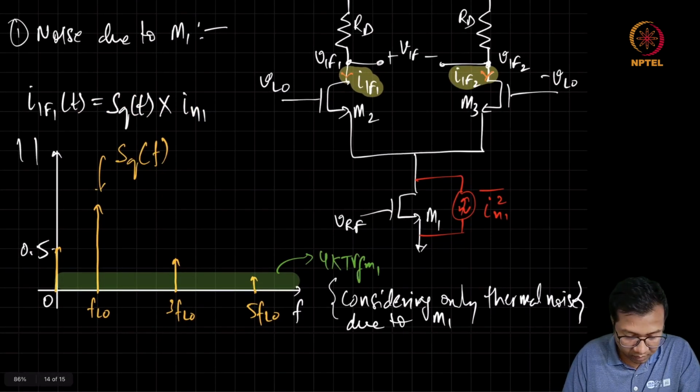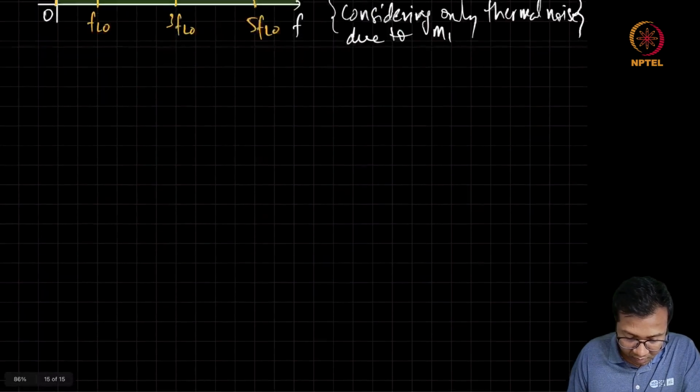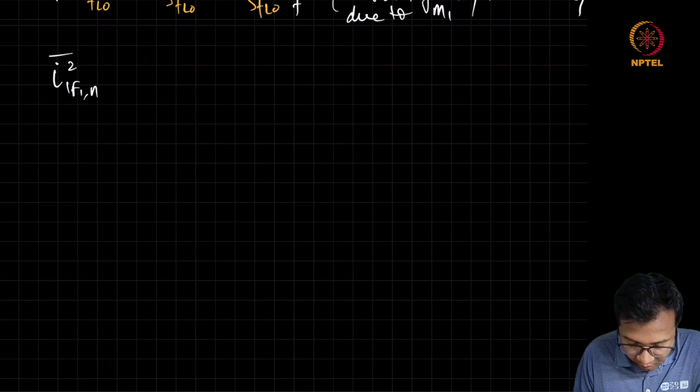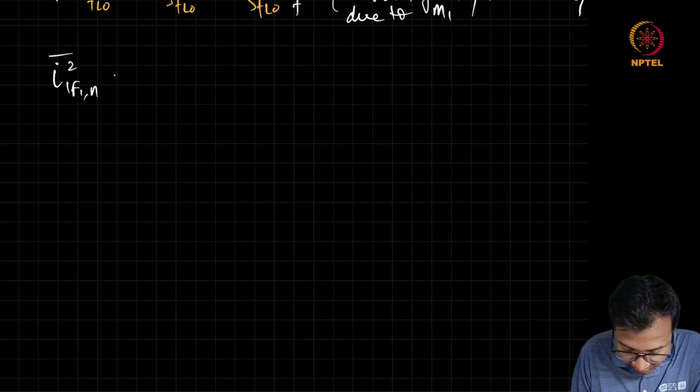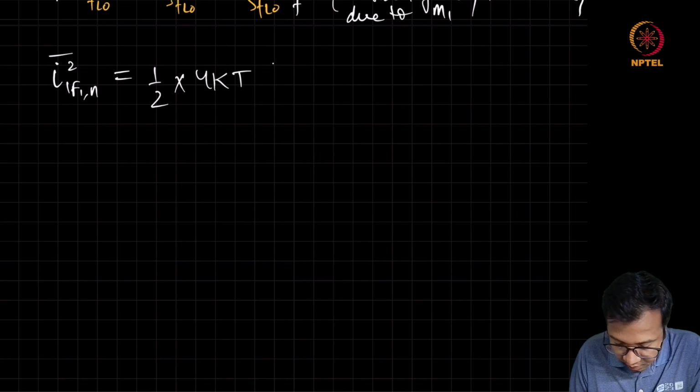So this is a very important intuition, and you can also easily derive it by doing the actual convolution mathematically for the square wave and the white noise. Here I will directly write that the noise PSD due to the thermal noise in the IF1 is going to be equal to half of 4kT gamma GM1.